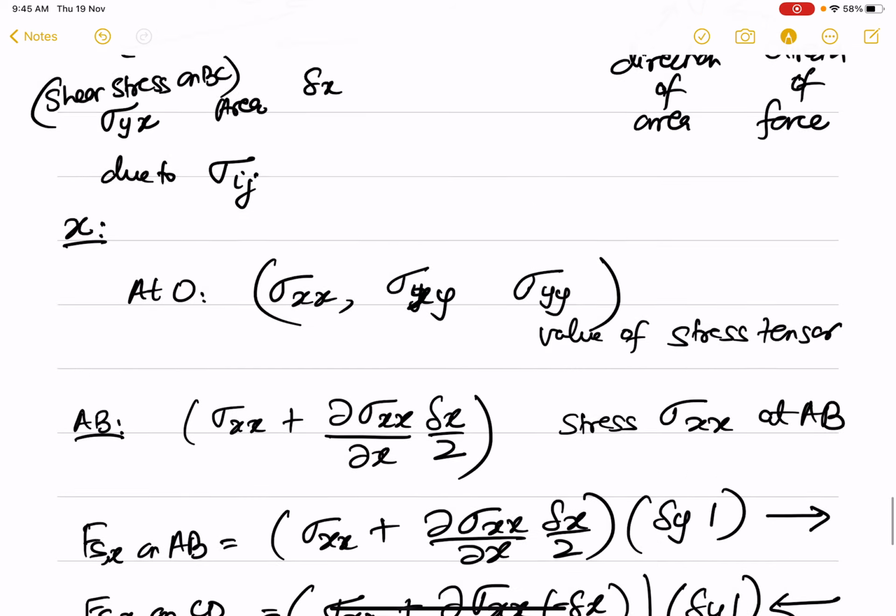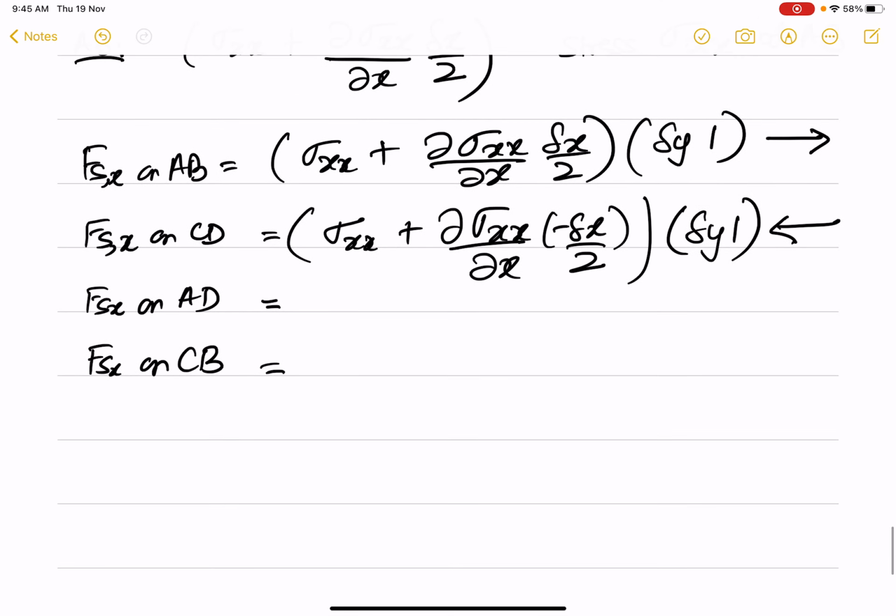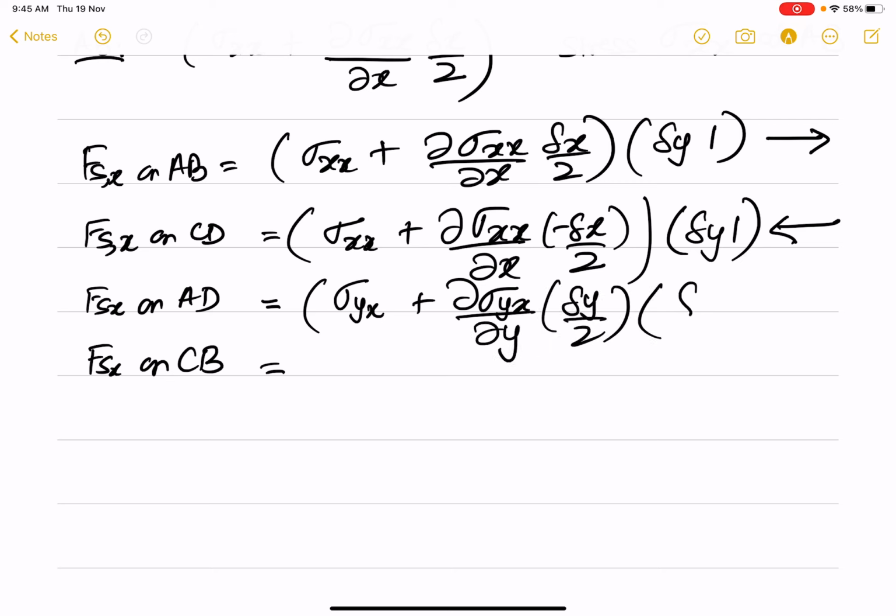So now let's work these out. Fsx on AD will be equal to sigma yx plus, first expanding the stress tensor in a Taylor series, partial sigma yx by partial y times delta y by 2, and the area is delta x.